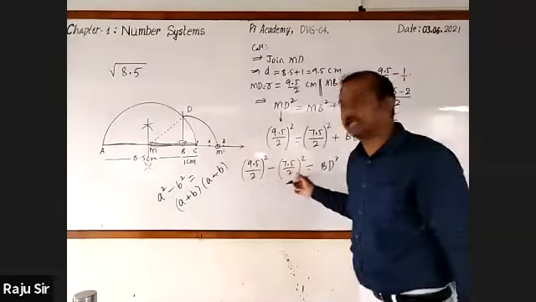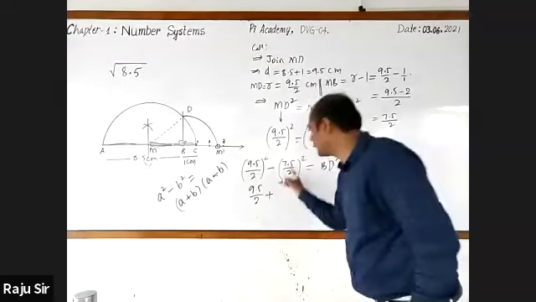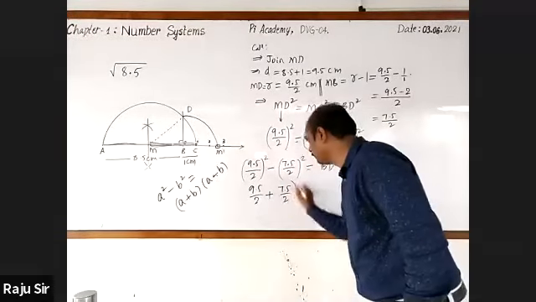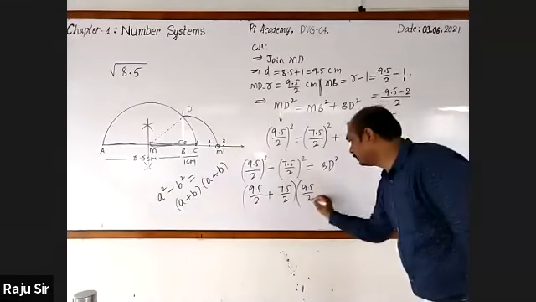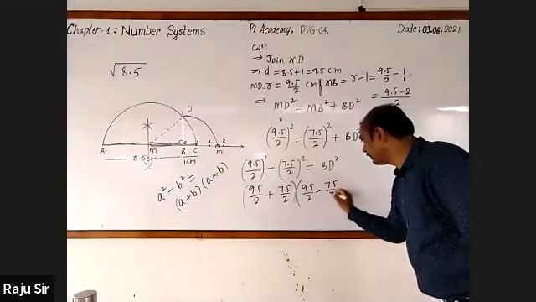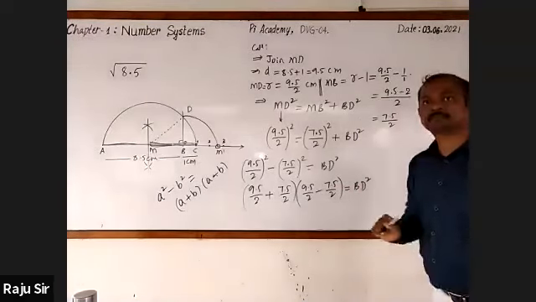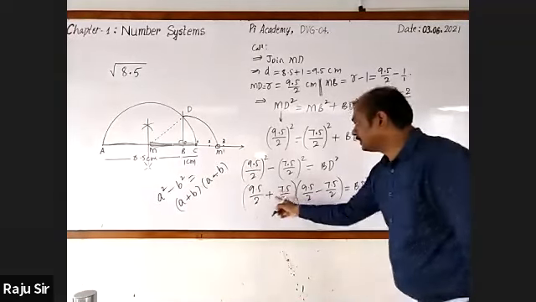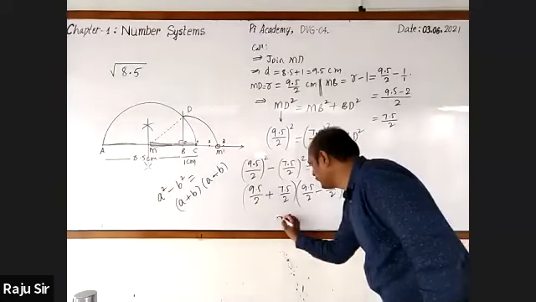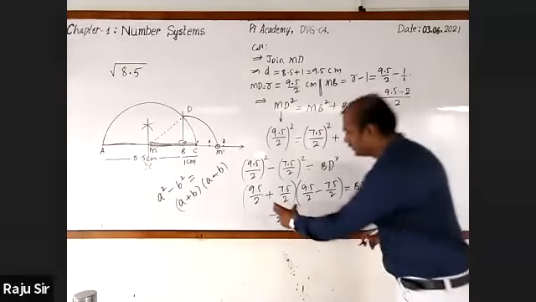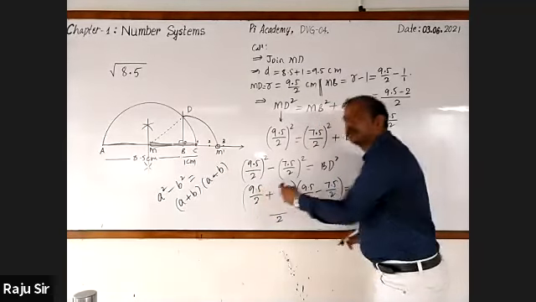I'll write the same. a plus b is 9.5 by 2 plus 7.5 by 2, into a minus b, 9.5 by 2 minus 7.5 by 2. This is equal to BD square. Next, let's add this. Here, LCM of the denominator is 2. When the denominators are the same, you can write the numerator terms as they are.